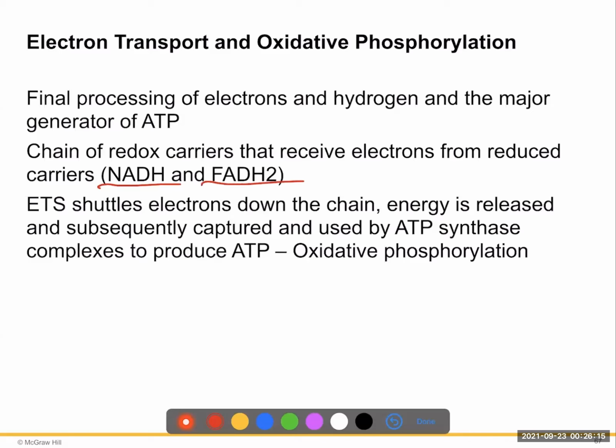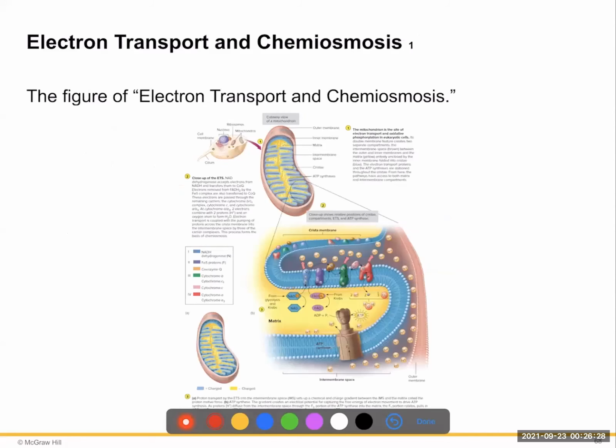The electron transport chain takes electrons down the chain, energy is released and captured and used by ATP synthase to produce ATP. That's called oxidative phosphorylation. And that occurs in the mitochondria. And here's your mitochondria, and here's where it's transported. It's transferred through the different systems. And this whole electron chain is inside the mitochondria system, and it produces bunches and bunches of ATP.